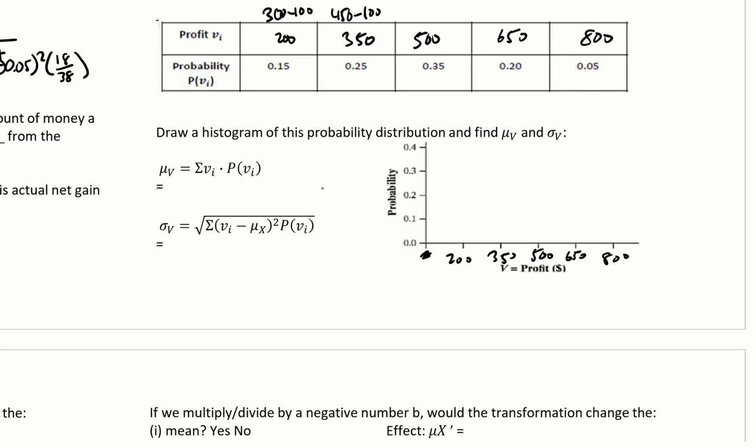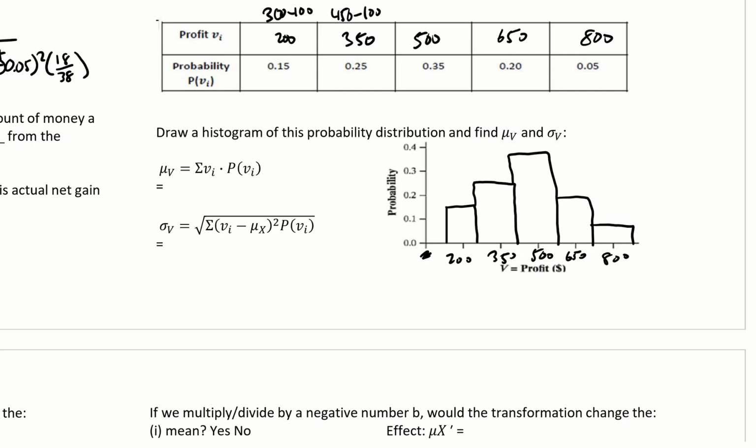The probabilities are 0.15, 0.25, 0.35, 0.20, and 0.05.